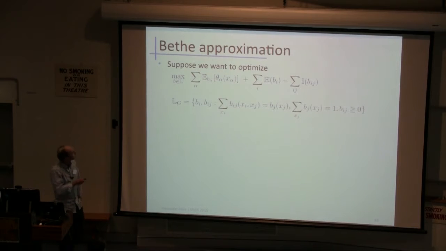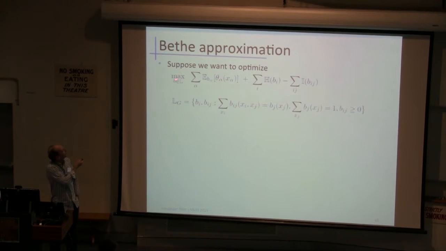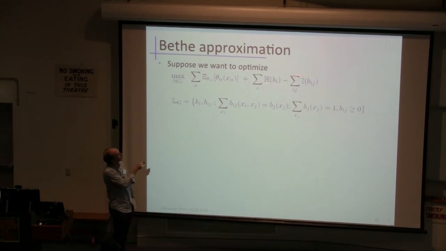So if we use this, we can substitute it into the variational form. And now we have an optimization over distributions under some, say, relaxed set of constraints. So we want to optimize over probabilities that are at least locally consistent with one another. We have the expectation of log F term, so these are just the expectations of our small cliques. And then we have our approximate entropy term.